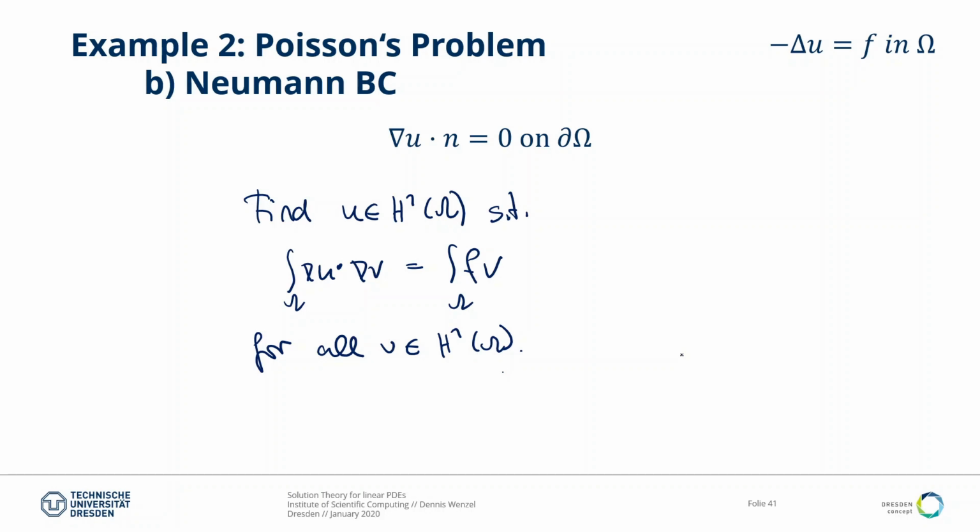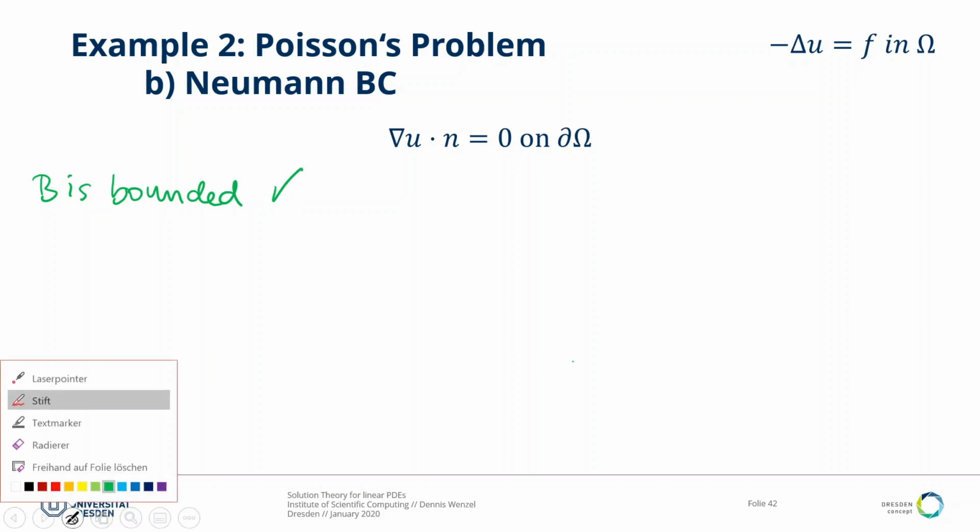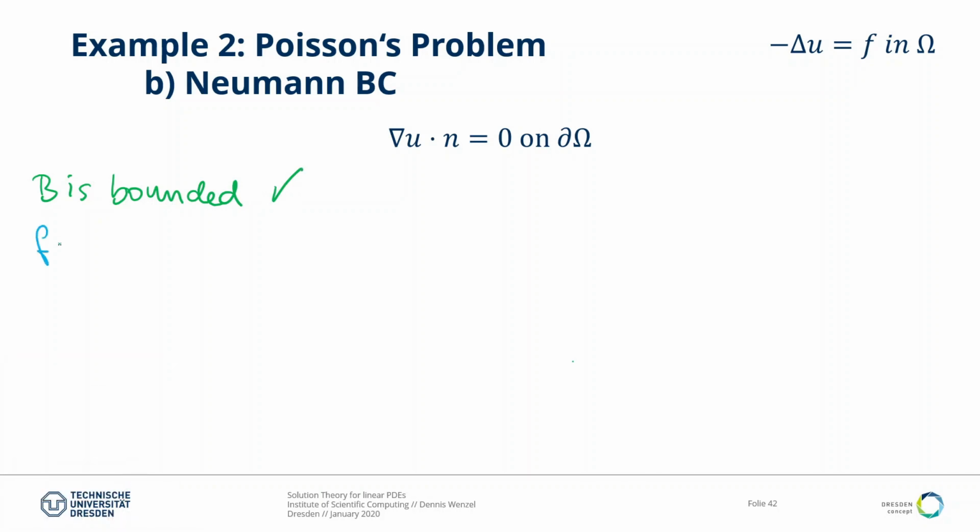And then if we look at the individual properties, we can still say that B is bounded, because that proof using the Cauchy-Schwarz inequality works just like before. We can also say that F is bounded.